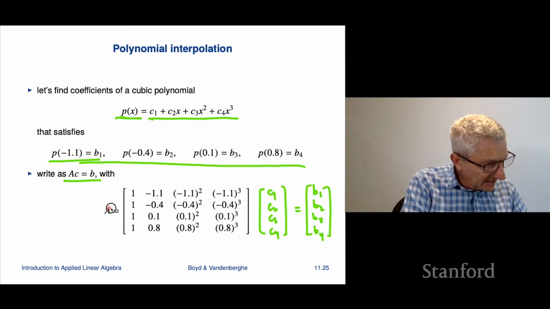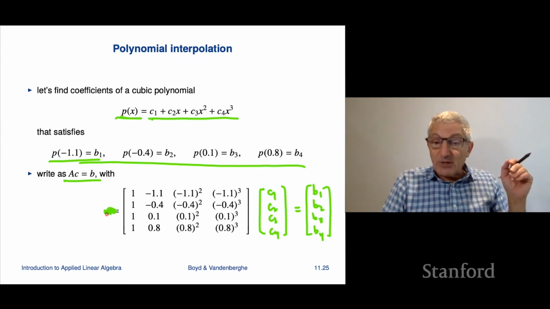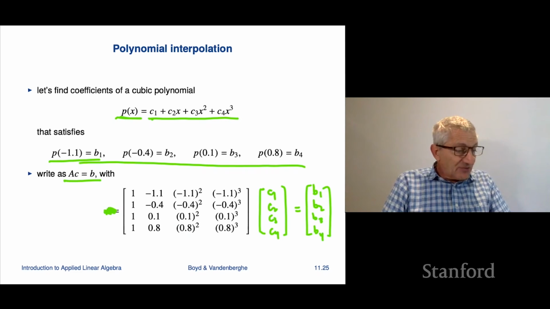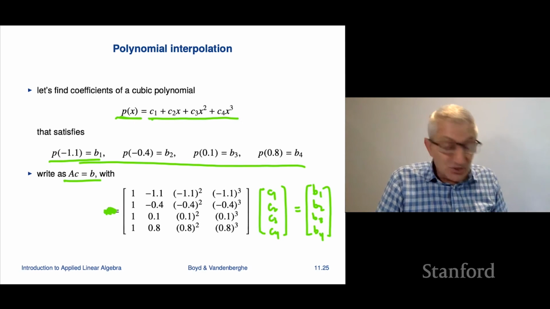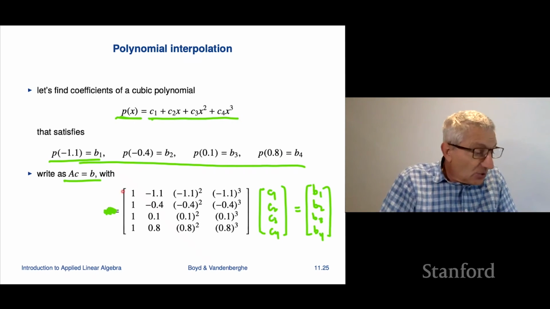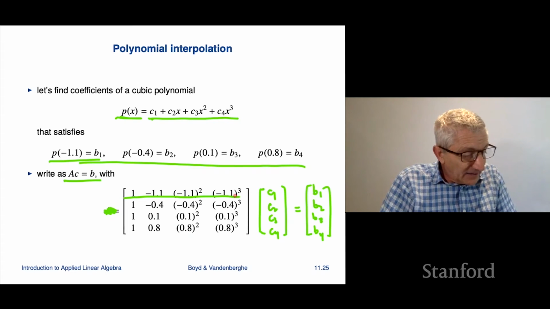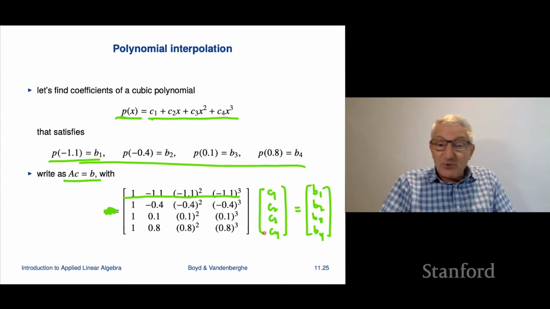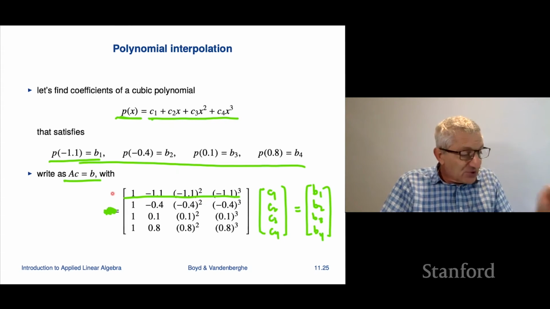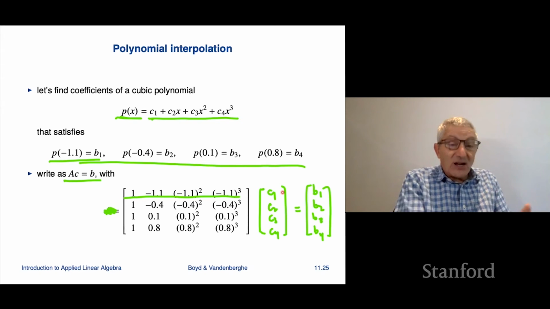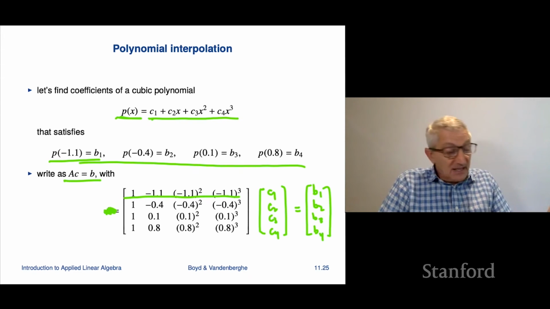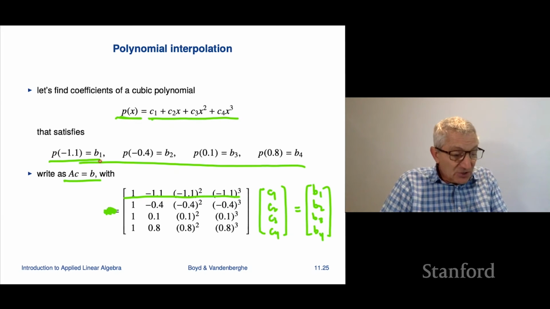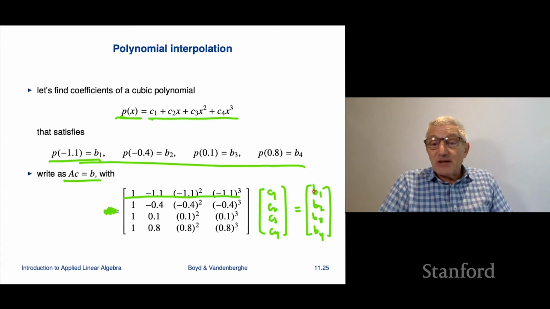So let's see if this faithfully gives you these interpolation conditions. Well, if you go across this first row, with these coefficients, what you will find is that the first row of the product is actually evaluating p at the point minus 1.1. But that should be b1, and sure enough, that's the right-hand side. So this is correct.